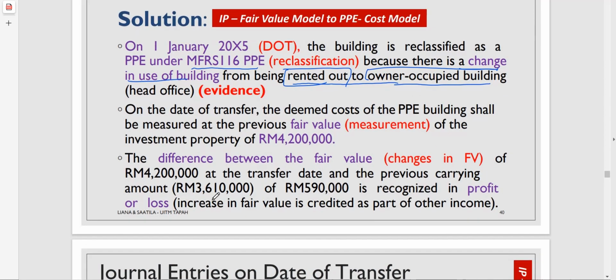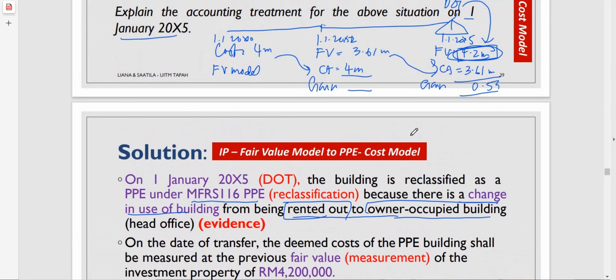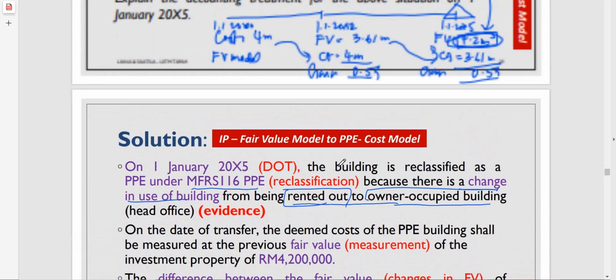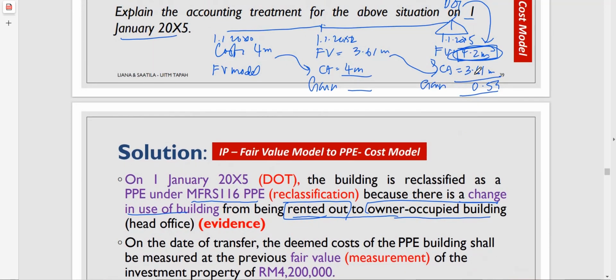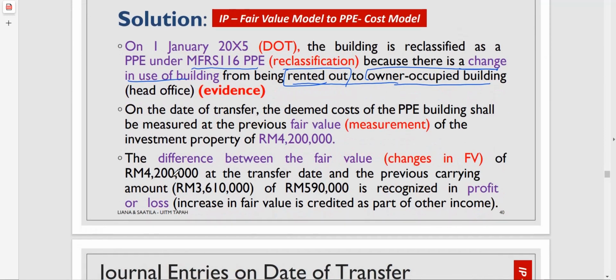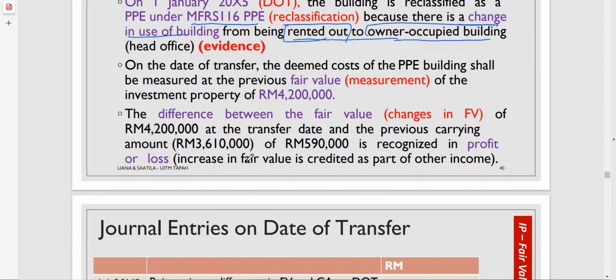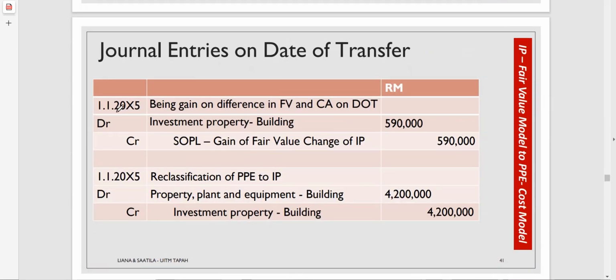So the carrying amount is 3.61 based on the most recent fair value. The carrying amount was 4.2. 4.2 is the fair value of the IP, but now will be the carrying amount of the PPE. So the carrying amount is 4.2. Then the journal entry would be, first, to record the reclassification: eliminate the IP and recognize the PPE at the fair value of the IP on the date of transfer.